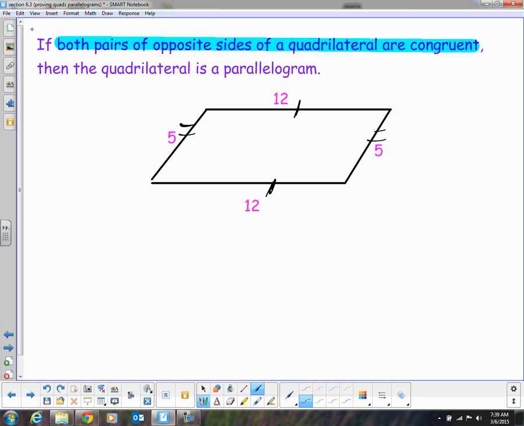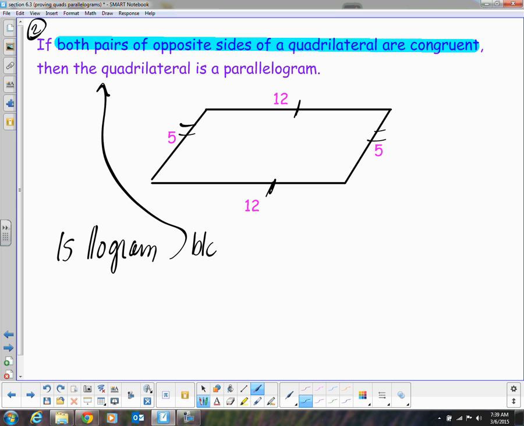So this is number 2, to show that we have a parallelogram. So you're not told that this is a parallelogram, but you're shown that the opposite sides are equal, so you know this is a parallelogram. And what's the reason? The reason is up there, because if both pairs of opposite sides are congruent, then the quad is a parallelogram. These are the converses, these are the reverses of what you wrote earlier.